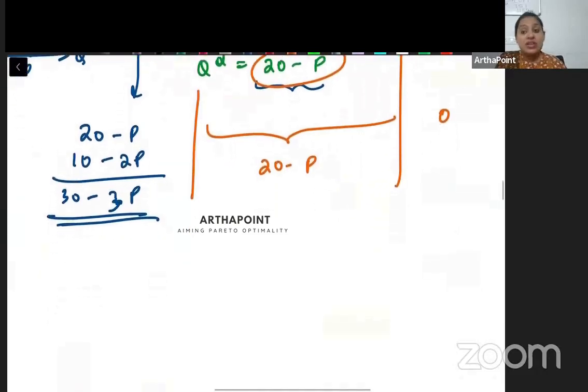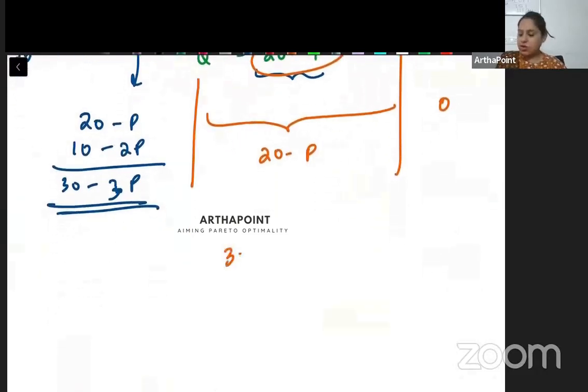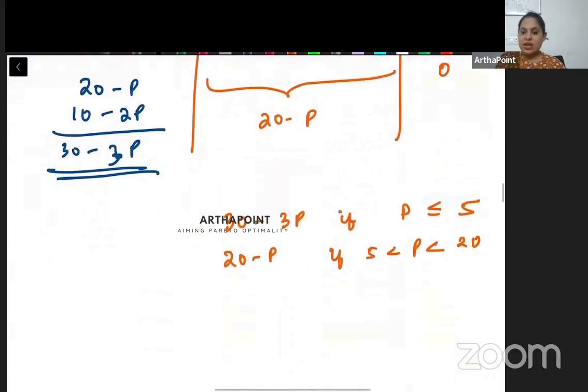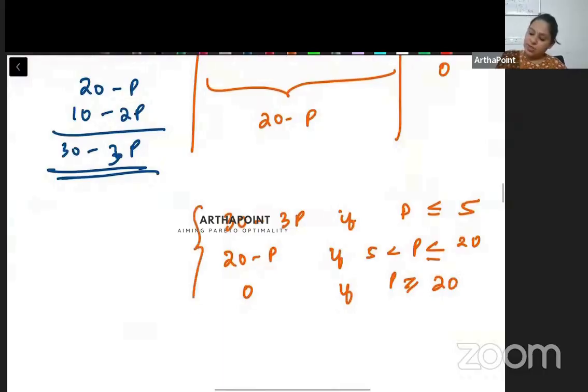So we can rewrite this demand function as 30 minus 3P if price is less than equal to 5. 20 minus P if price is between 5 to 20, right? And 0 if price is greater than equal to 20. This will be the market demand.